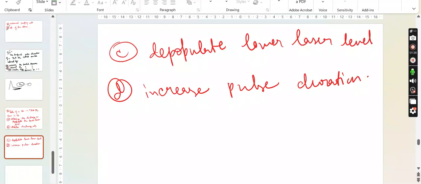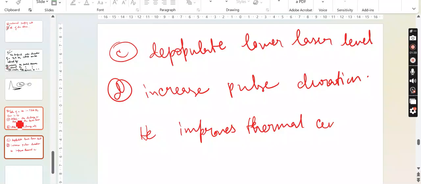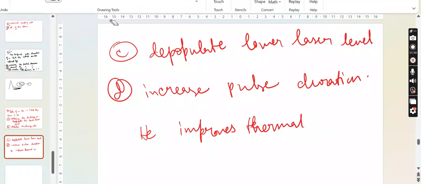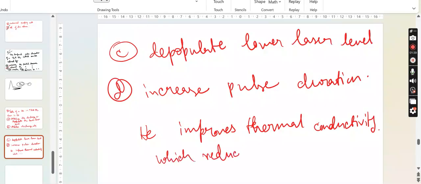So helium maintains a uniform discharge and improves the thermal conductivity, which reduces instability.